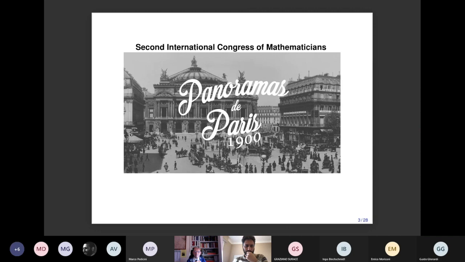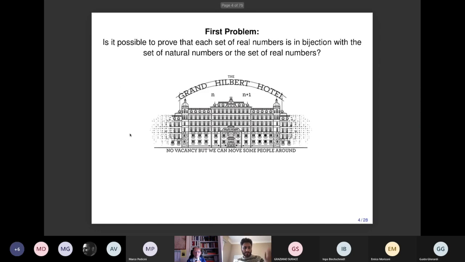And so just to give an idea of which kind of problems are present, I will talk about the first three. The first one is the problem of the continuum hypothesis. The question is whether every subset of real numbers is either in bijection with the natural numbers or with the real numbers.